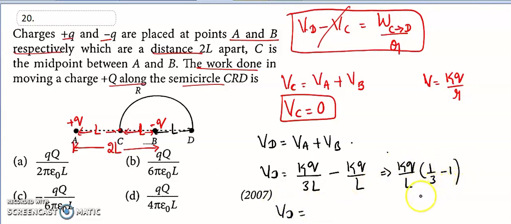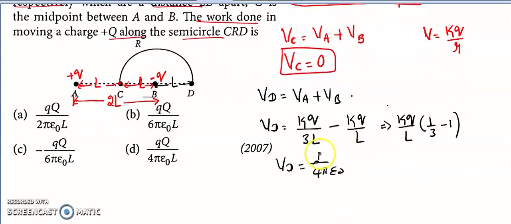So the potential at D is equal to minus, where the K value is 1 divided by 4 pi epsilon naught.